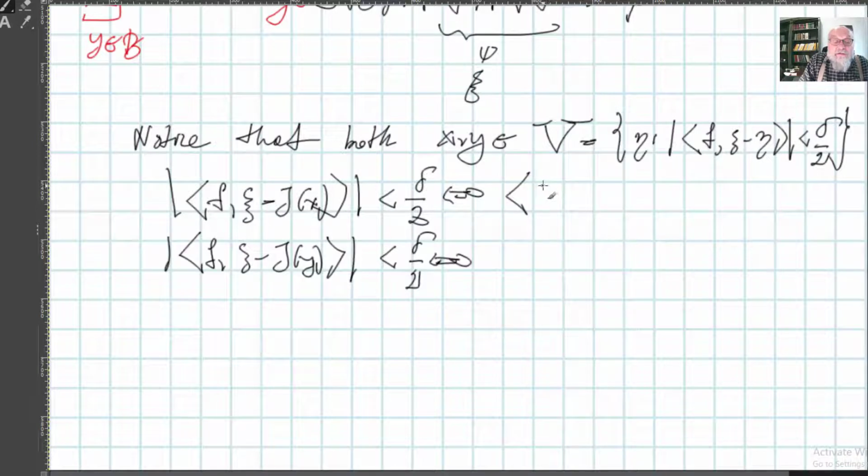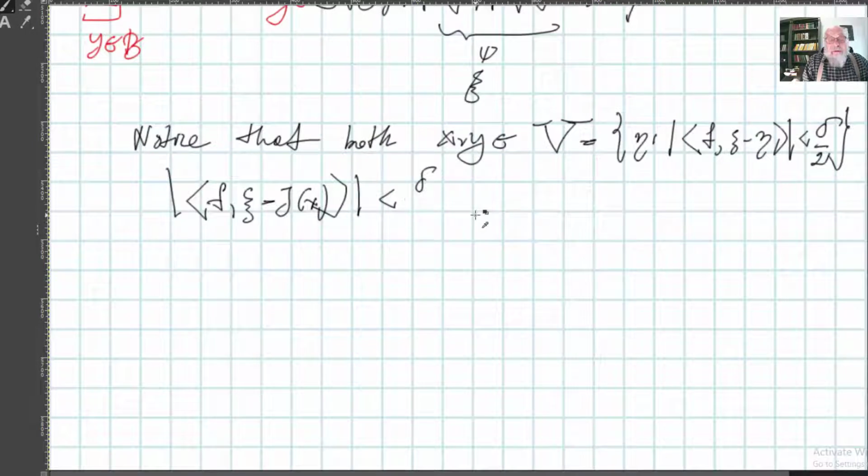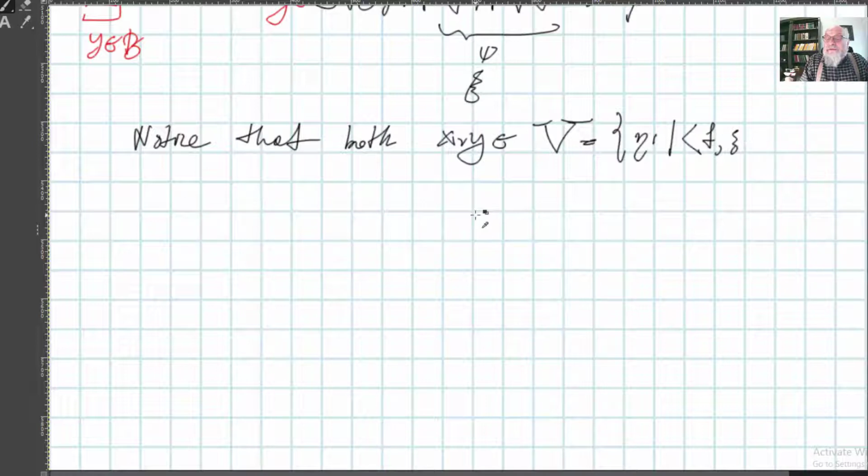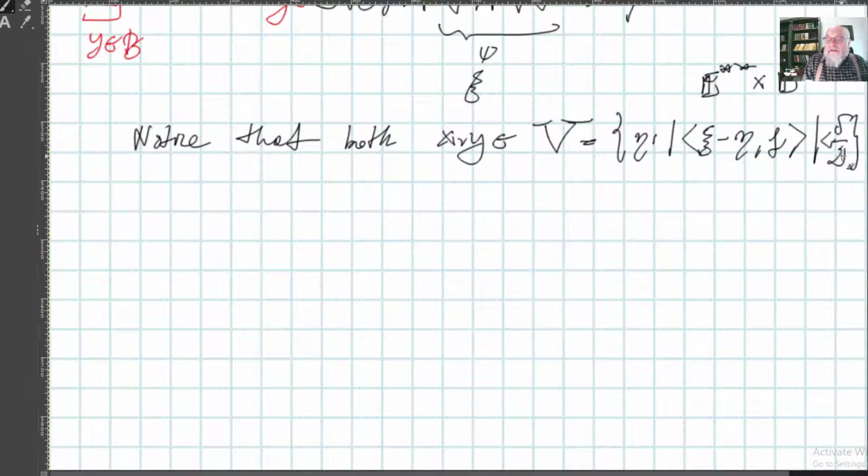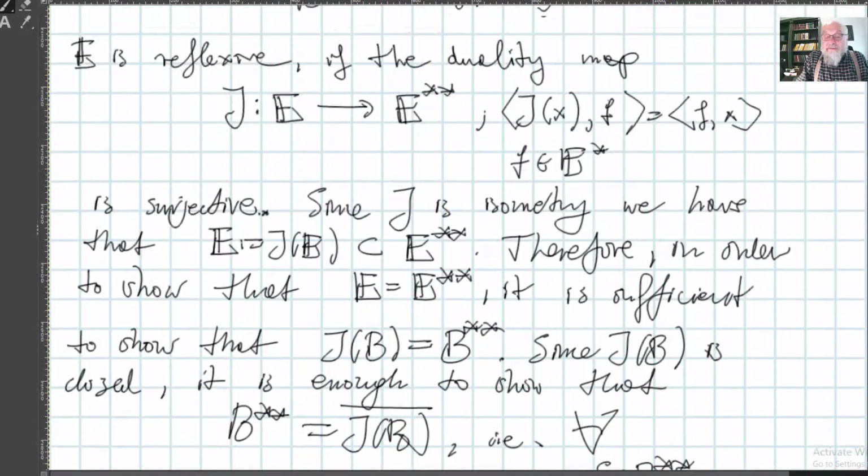Did I do it? Yeah, I did it incorrectly. You have to be careful. The element of E double star, and the element of E star is here. So this should be like this: ψ minus eta on F smaller than delta over 2. Yes, so we should be careful. Let me check if I made the same bad error before.